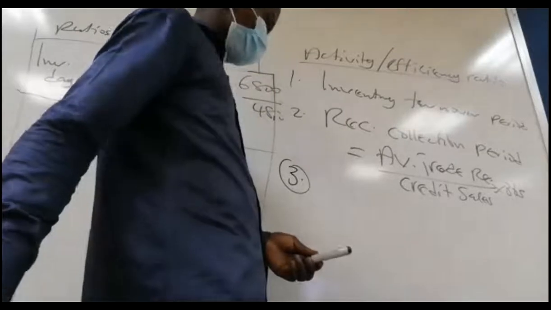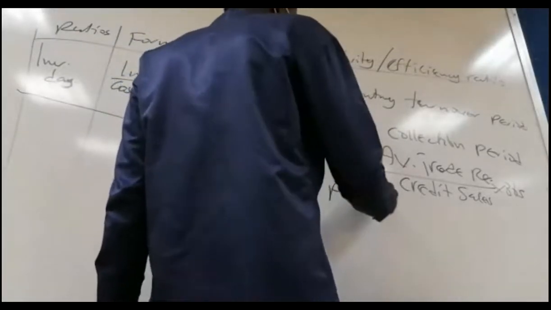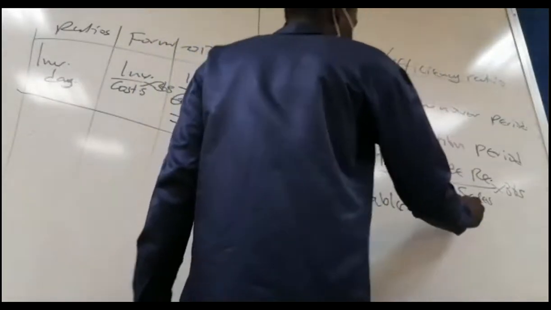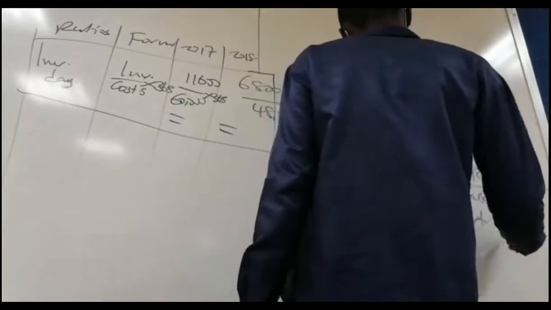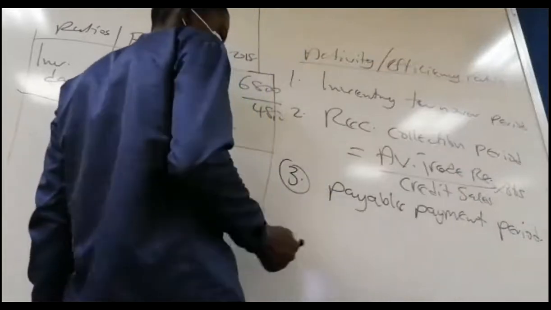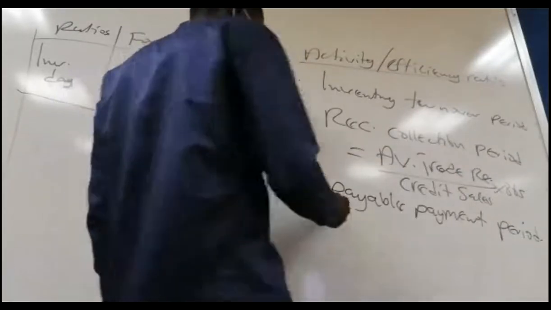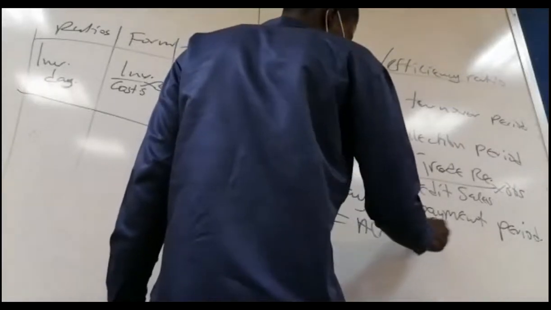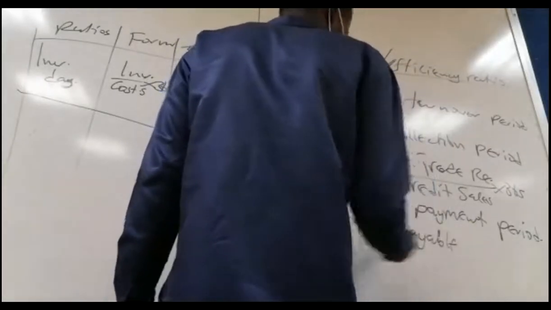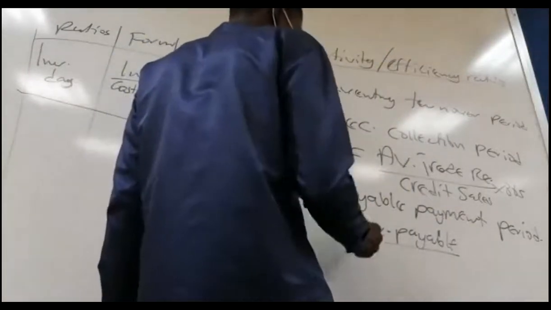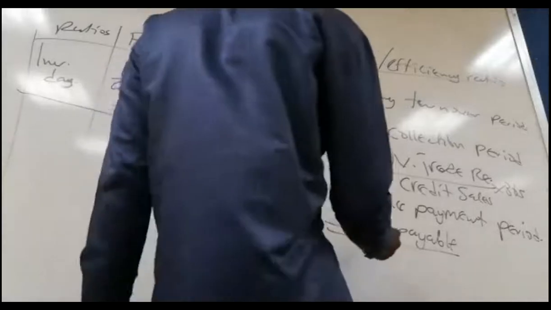Number three. That's the payable. Here we have payable payment period. The payable payment period is equal to average payable divided by, here they are, item one.